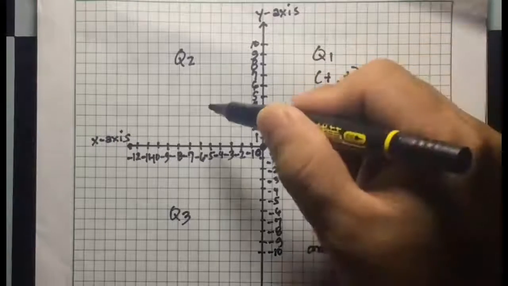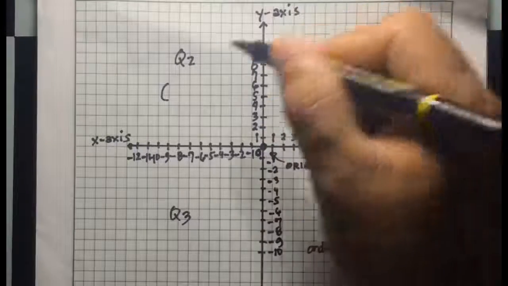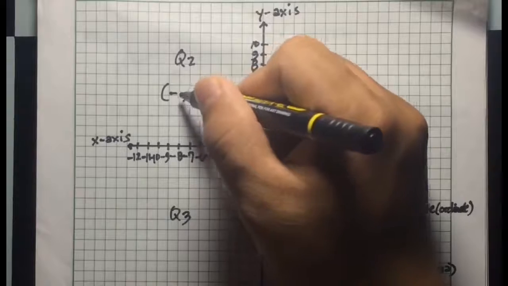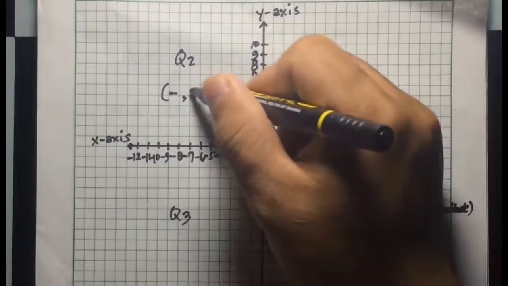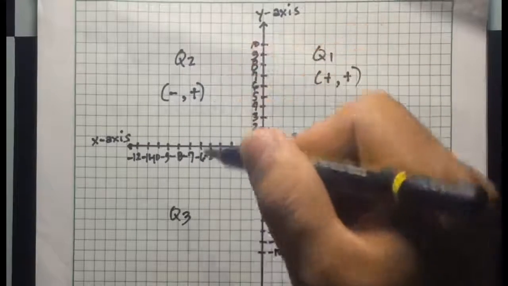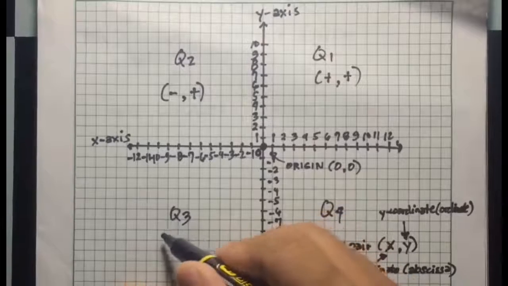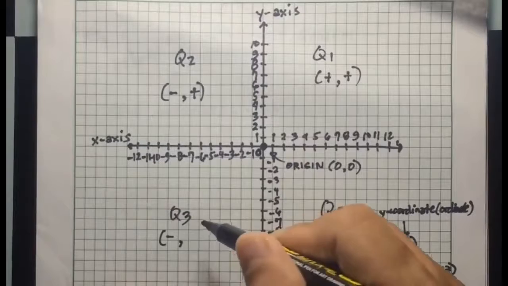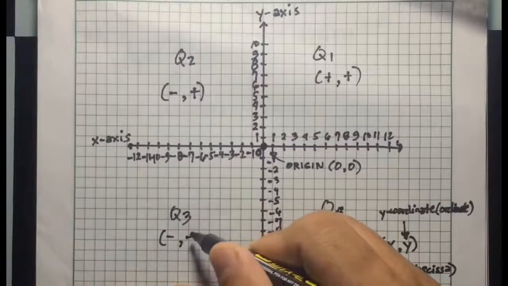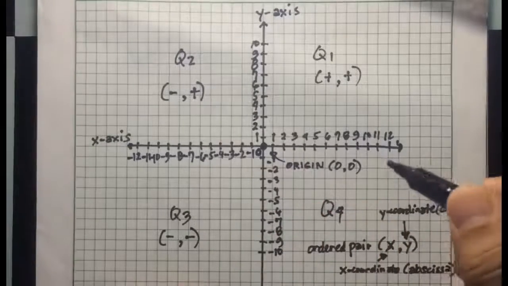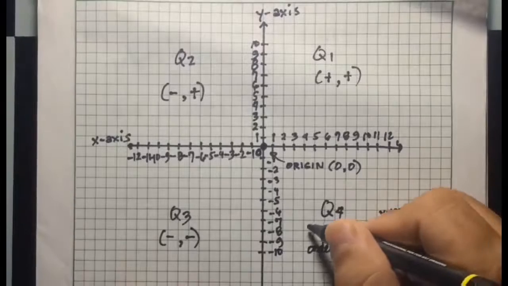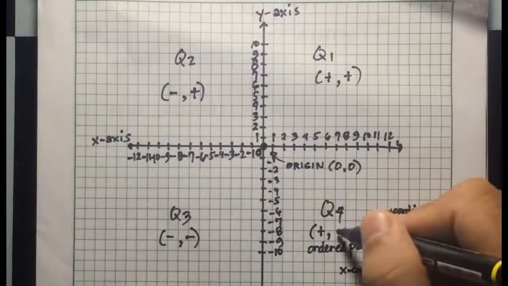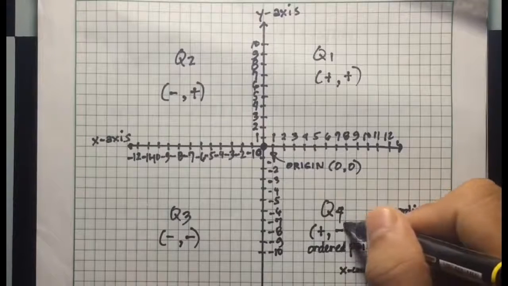In quadrant number 2, the abscissa will be negative and the ordinate will be positive. For quadrant number 3, the abscissa is negative, and so is the ordinate. And for quadrant number 4, the abscissa is positive and the ordinate is negative.